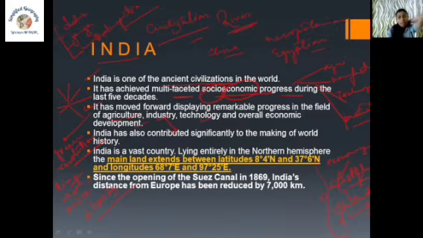Industries are known as the backbone of a country, right? After independence, we have developed industries also. So industry is very good for overall economic development. Bangalore is known as the Silicon Valley of India, and it was the first technological hub in India.